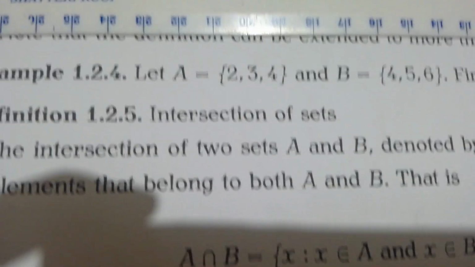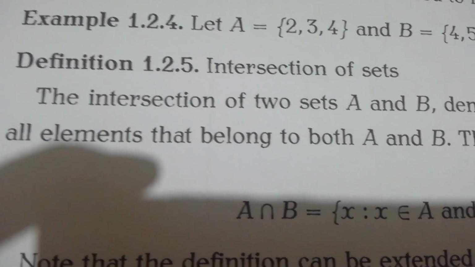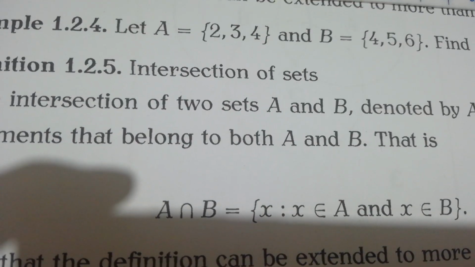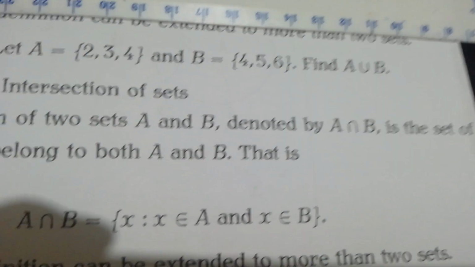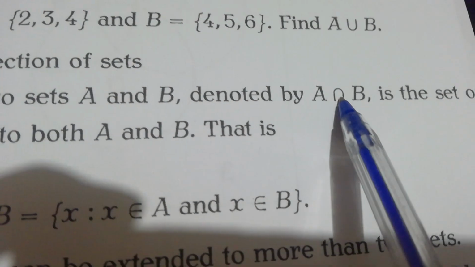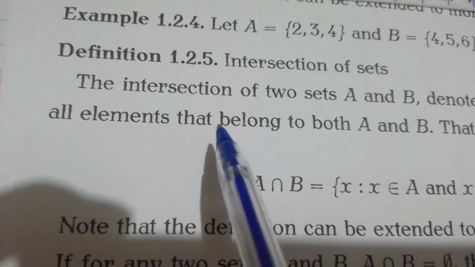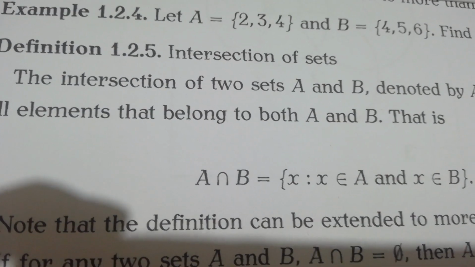Then we can move to the intersection of sets, right? So here's the definition. The intersection of two sets A and B is denoted by A intersection B. This is the symbol that is used when we're dealing with intersection. It is the set of all elements that belong to both A and B. So we've got two sets.